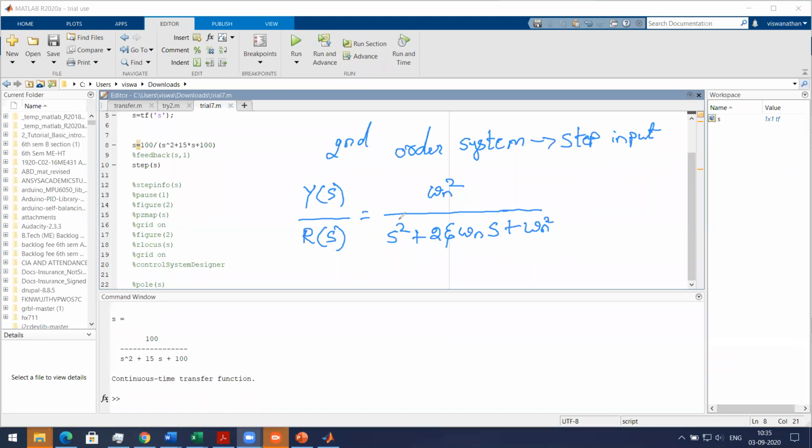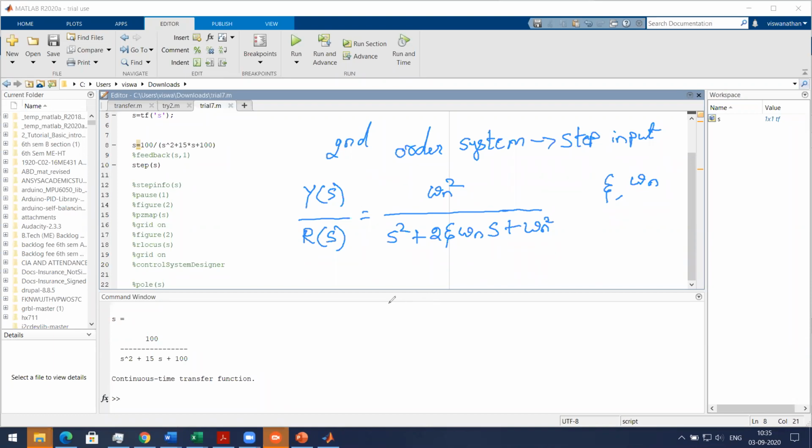Okay, here there's a square, so it's a second order system. Fine. Now, what is the advantage of writing a second order system in terms of zeta and omega n? What are the characteristics of a second order system response?